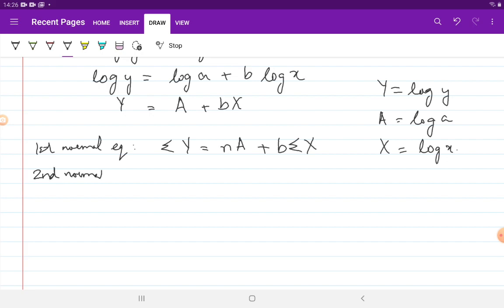Your second normal equation, once again, remember it will be when you apply the summation operator to X times Y. So XY is equal to AX plus BX square. So applying the summation operator to this, I get my second normal equation, which can be written as summation XY is equal to A times summation X plus B times summation X square.